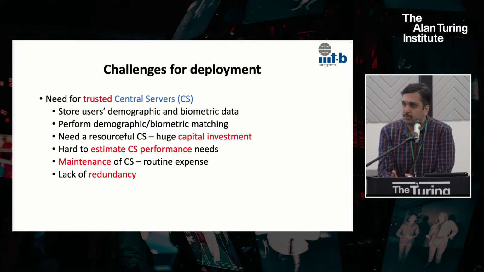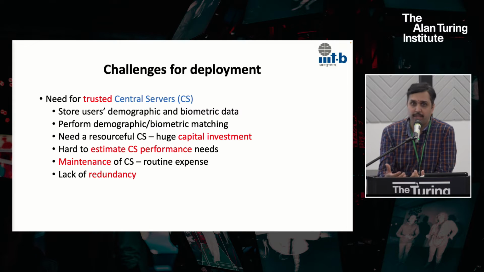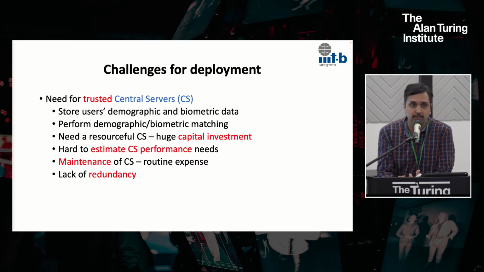Of course, we need some trusted entities, which we'll call central servers, that securely store demographic and biometric data, and they must also offer services like demographic and biometric query matching. A lot of computing resources are needed, and that calls for huge capital investment.